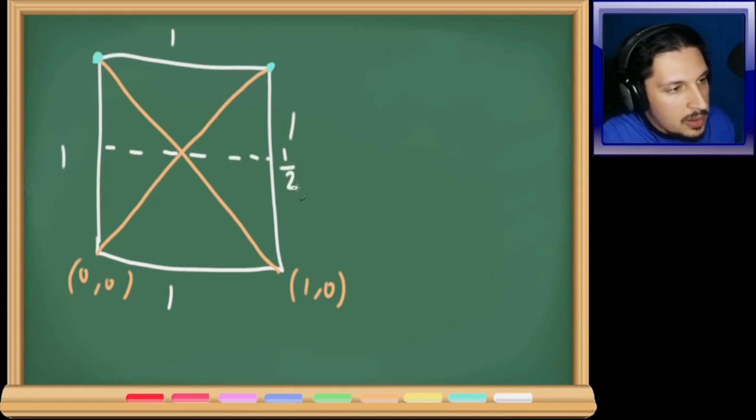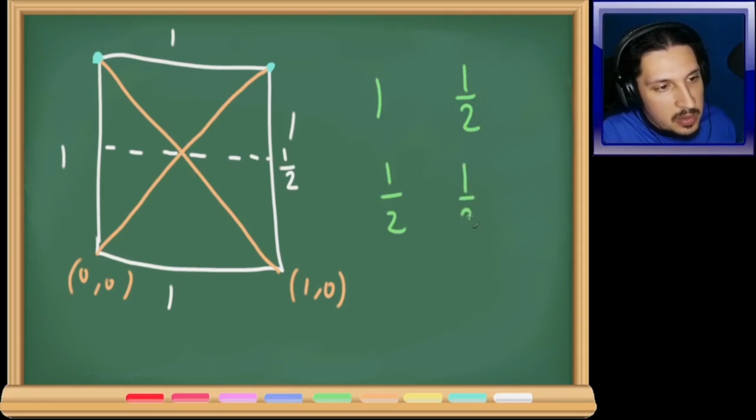This is 1/2. And now we have basically two options, 3 options in fact. Well, one option is to do the same again, which makes no sense because we already have that point. So we have two new options. We can choose 1 on one side and 1/2 on the other, or we can choose 1/2 in both sides. And the operation is the same idea.